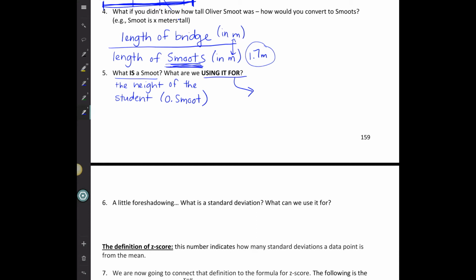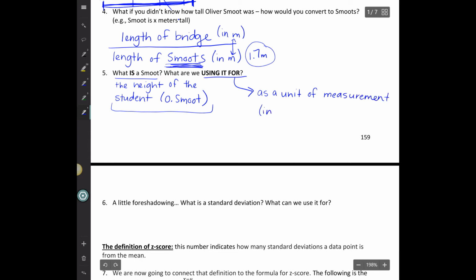So we're taking this original unit, Oliver Smoot is a certain height, and we're now using that height or that length or that distance to measure the bridge, right? So we're using it as a unit of measurement. And in this example, it would be 4 bridges.